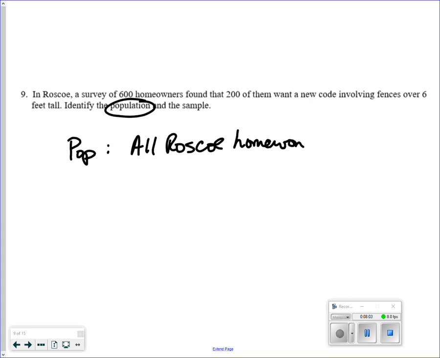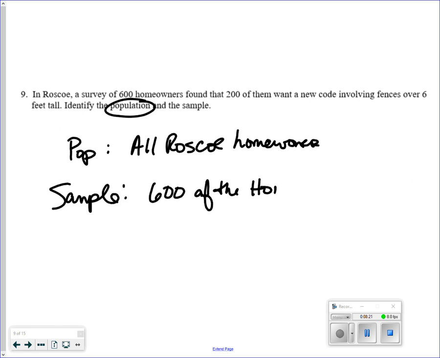So now, what is the actual sample that they did in this particular situation? They actually only talked to 600 of the homeowners.